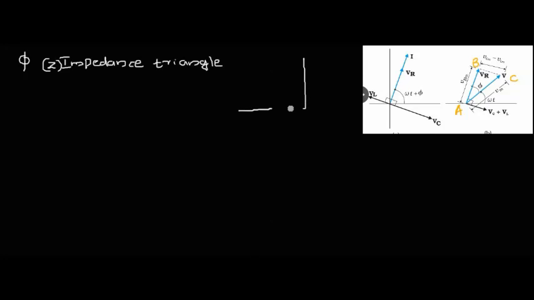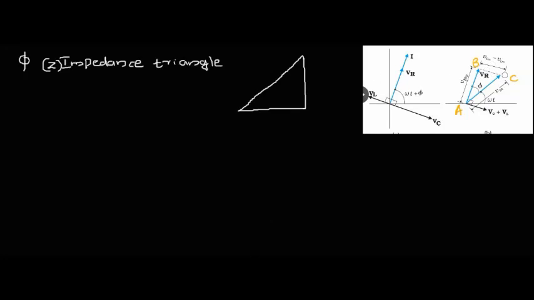It's a triangle connecting the impedance, resistance and the reactance. Okay, so from this right angle triangle you can see the hypotenuse is the total voltage flowing through the series LCR circuit. And the total resistance offered by a series LCR circuit is the impedance Z.